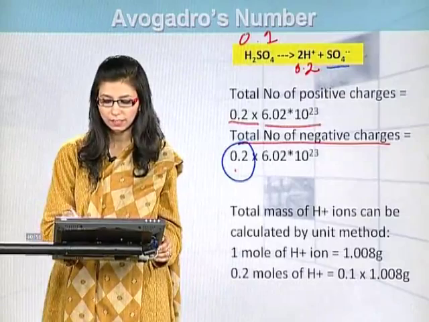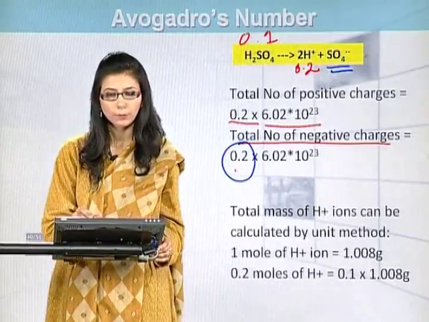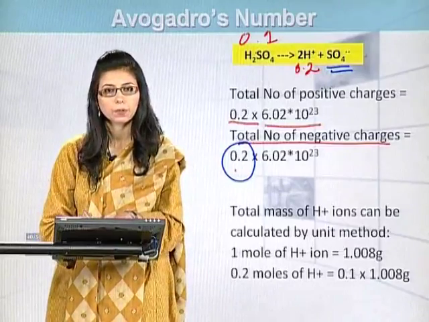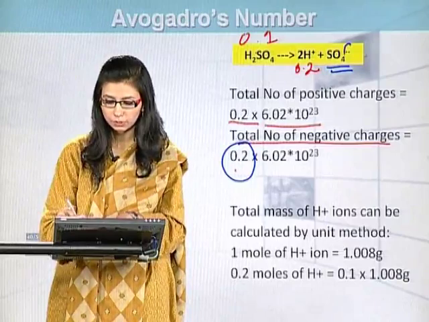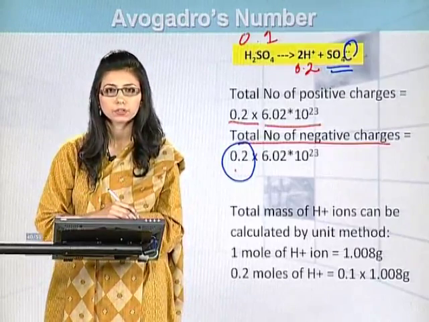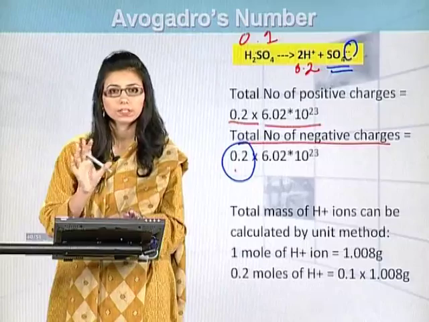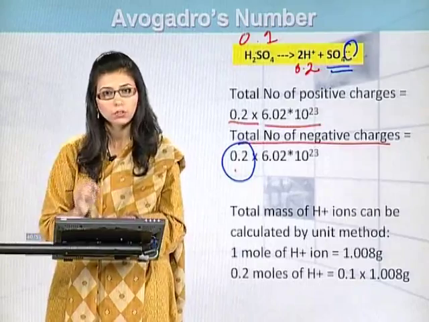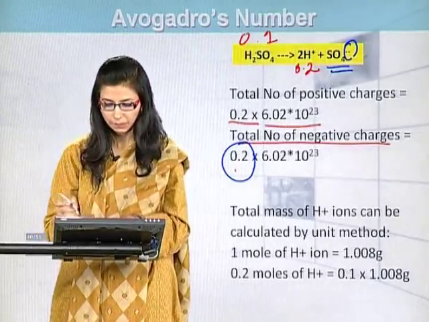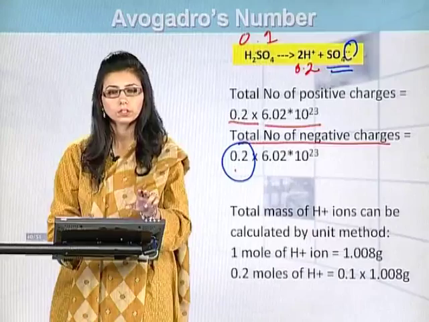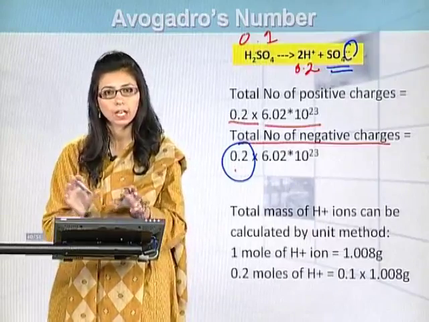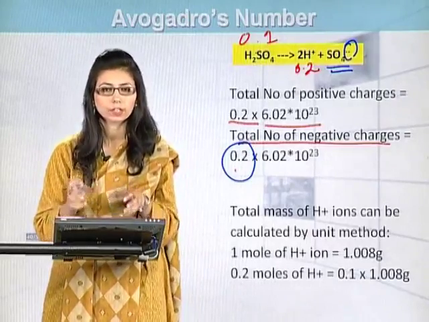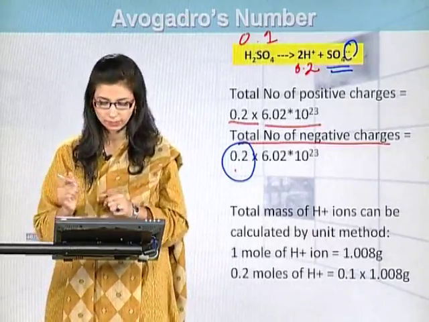You will say that if I can see here 0.1 यानी कि single हमारे पास negative ion बना है, तो why I am multiplying 0.2? लेकिन अगर आप charge quantity देखें sulfate ion की, sulfate ion is 2 negative, H positive simply uni positive ion था। यहाँ पे हमारे पास anion जो है that is 2 negative, तो हमारे पास 2 negative charges हैं। 0.2, the number of moles of the negative charge will be multiplied with the Avogadro's number to get the total number of negatively charged particles in the ionized product.